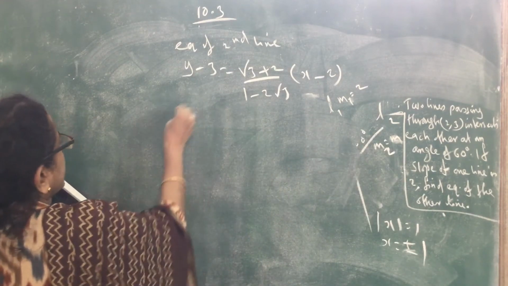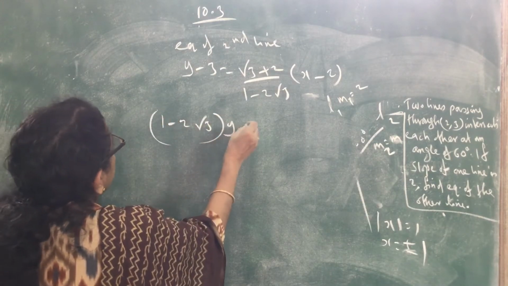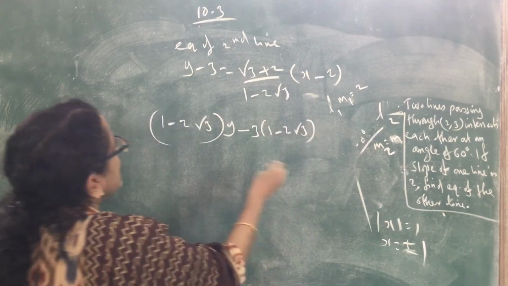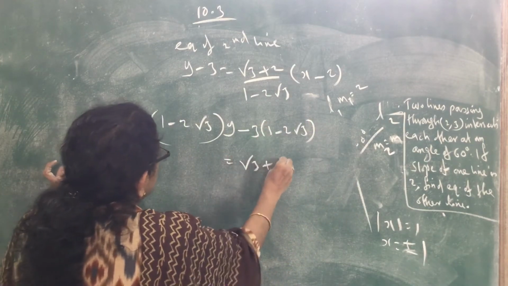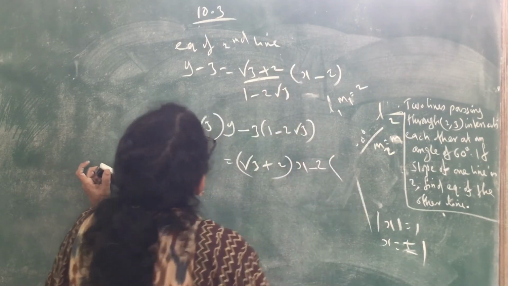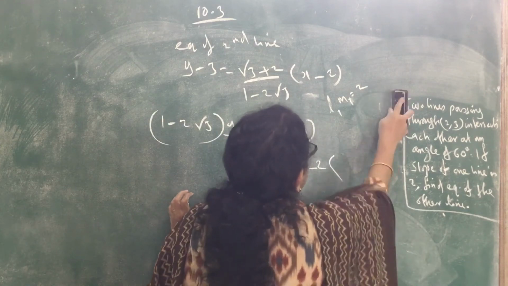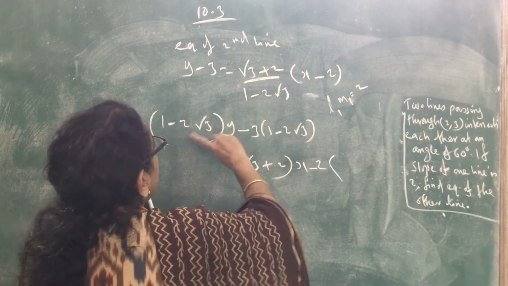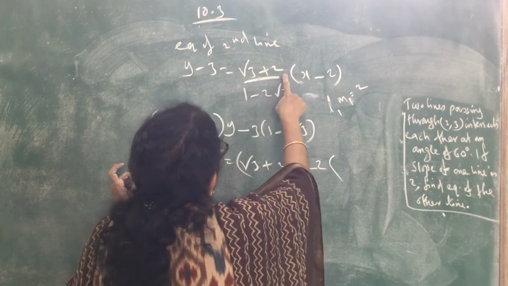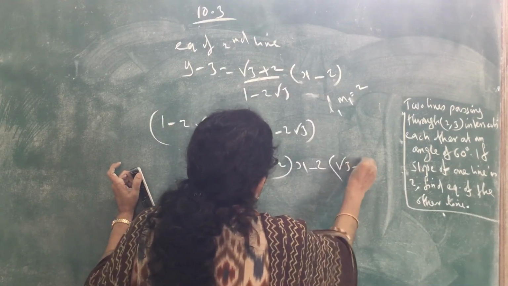Therefore, cross multiplying, (1 minus 2 root 3) into (y minus 3) equals (root 3 plus 2) into (x minus 2).